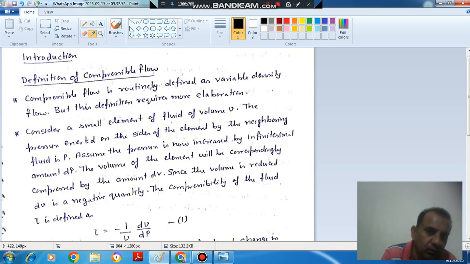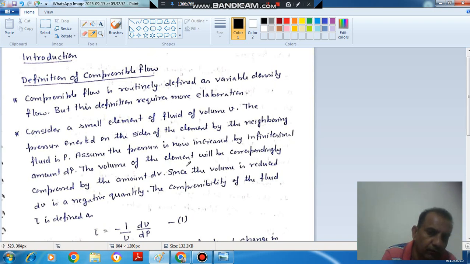Compressible flow is routinely defined as variable density flow, but this definition requires more elaboration. Consider a small element of fluid volume V. The pressure exerted on the sides of the element by neighboring fluid is P. Assume that the pressure is now increased by an infinitesimal amount dP.